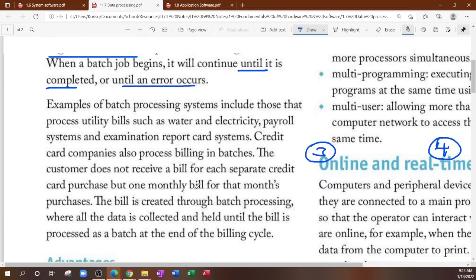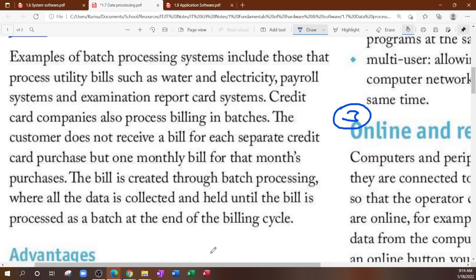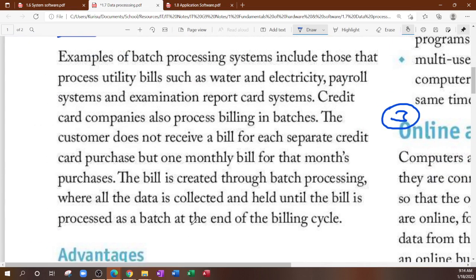Examples of batch processing systems include those that process utility bills such as water and electricity, payroll systems, and examination report cards.